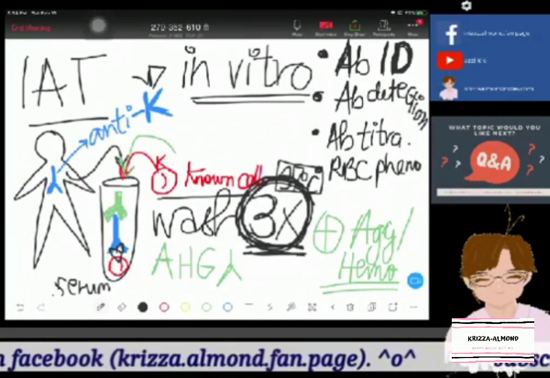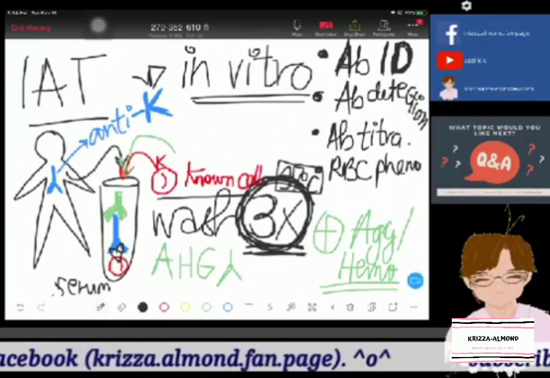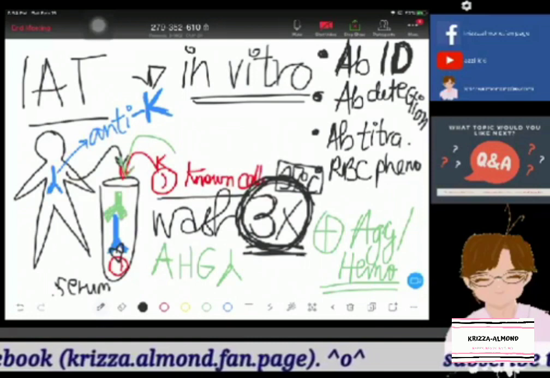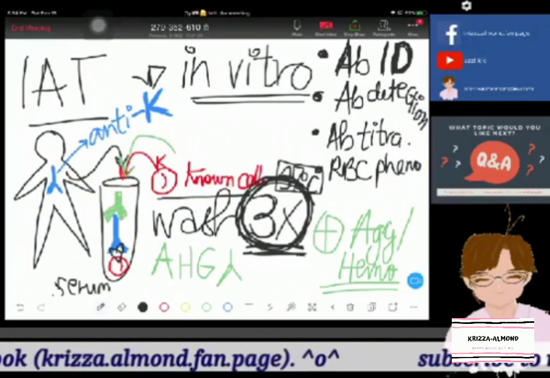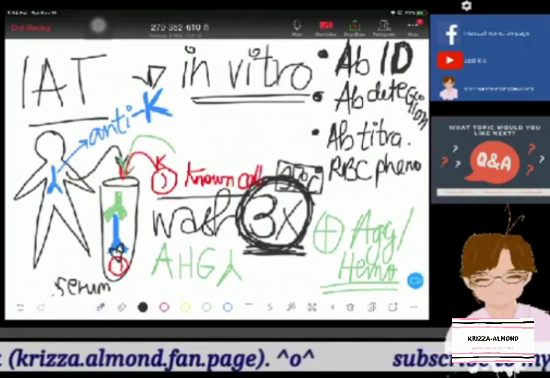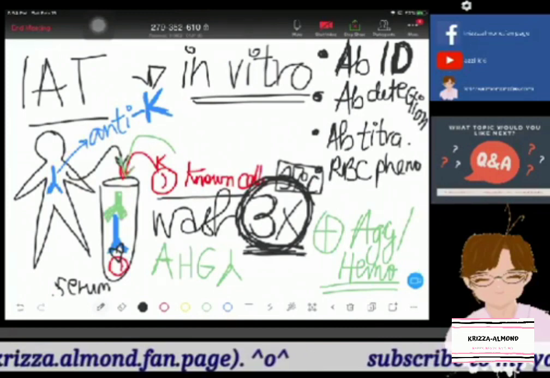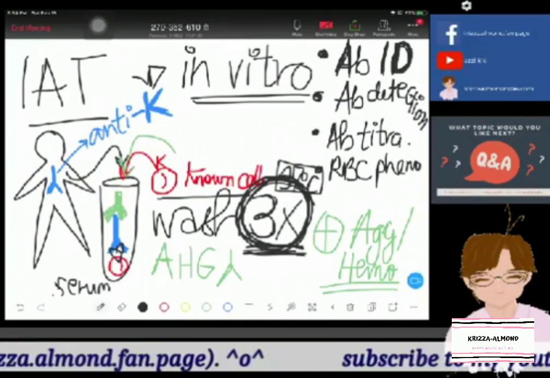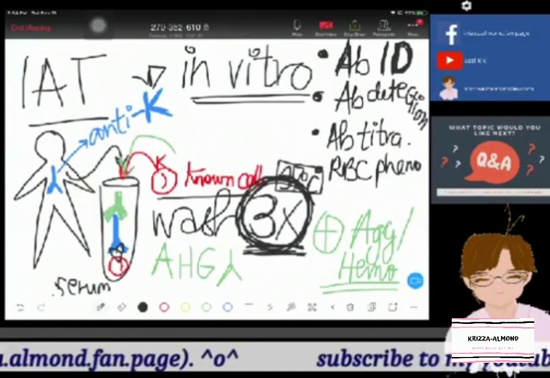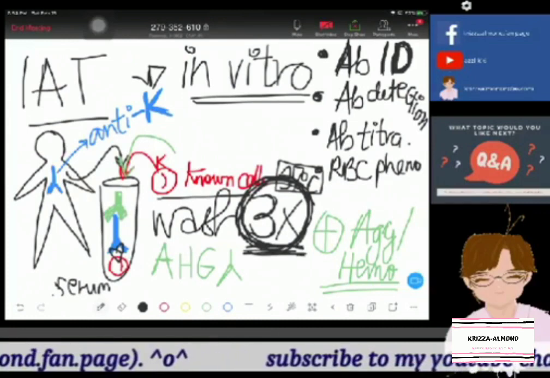Okay, and so we need to add AHG. But before we add AHG, we will wash our specimen first. And again, the magic number is 3 times. Okay? 3 times washing will remove unbound globulins para hindi natin ma-neutralize yung ating anti-human globulin reagent.